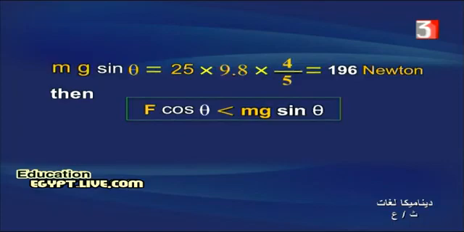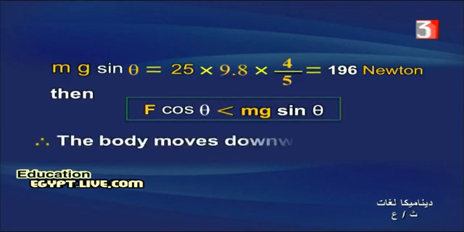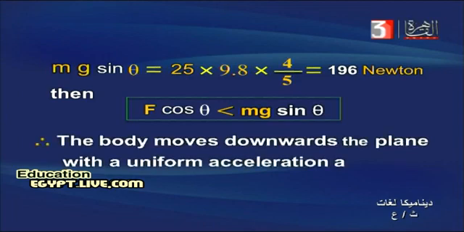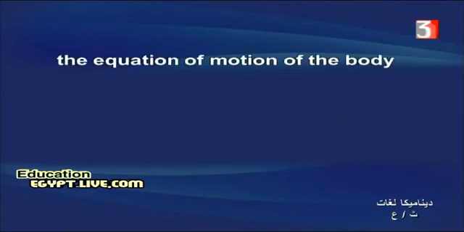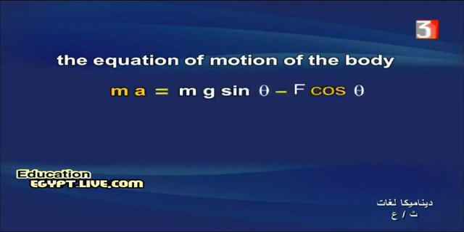We have a body of mass m. The weight equals mg. The two components of the weight are mg sine theta along the plane and mg cosine theta, which equals N. The body moves downward along the plane because it moves under its weight only. Then the acceleration is g sine theta.